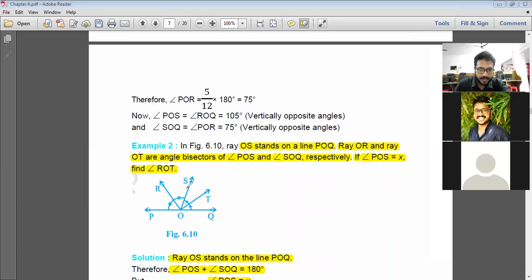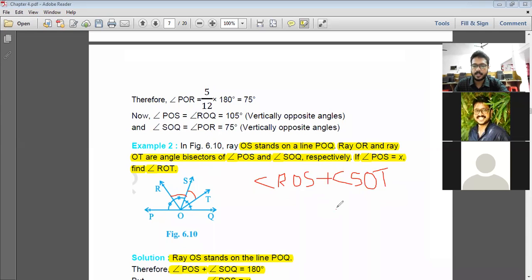Angle ROS and angle SOT, we have found that. So if we add both these angles, what will we get? Angle ROT. Yes, very good. Angle ROS plus angle SOT.